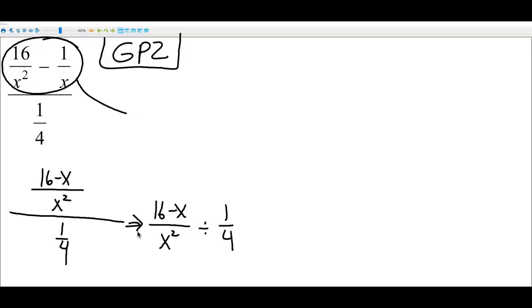What's that? So we have division here, but we have to do something at this step. And so what do we need to do the division?